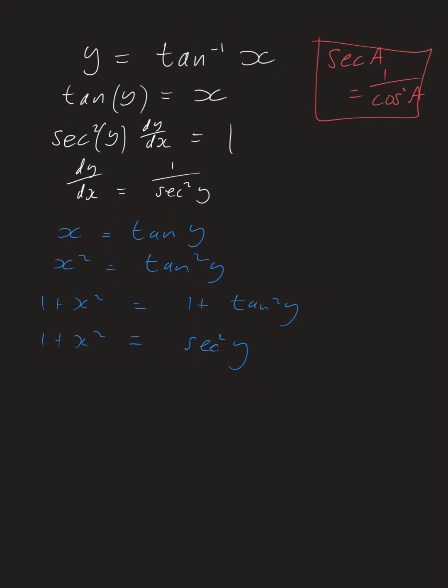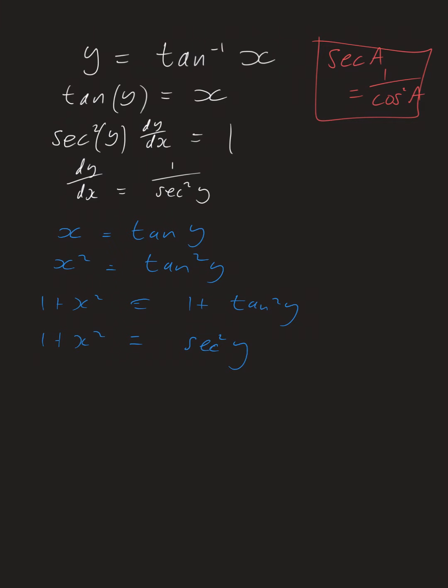So you can find that in the log tables. If you draw out your unit circle, you may be able to prove that for yourself, based on that right angle triangle that you draw. But I'll take it for granted here for now, that 1 plus tan squared y is secant squared, and then we're almost done.